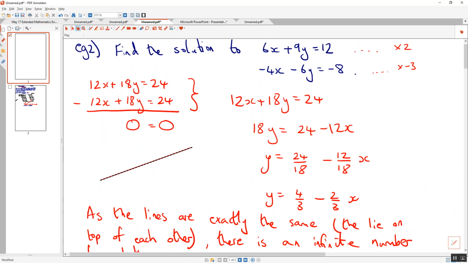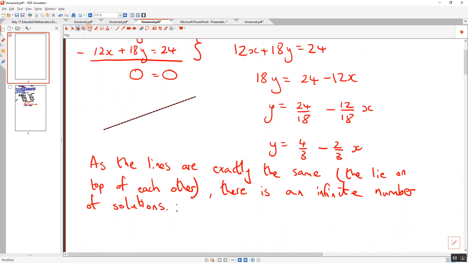Well, 6x plus 9y equals 12? Well, it's not simplified.